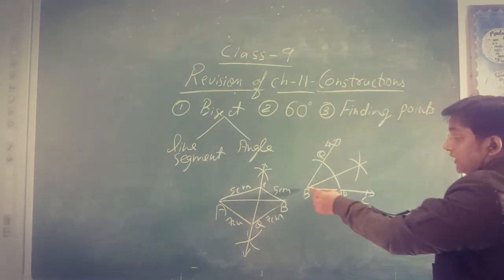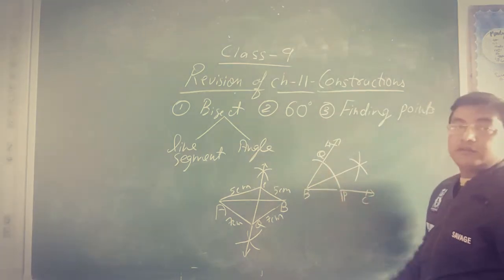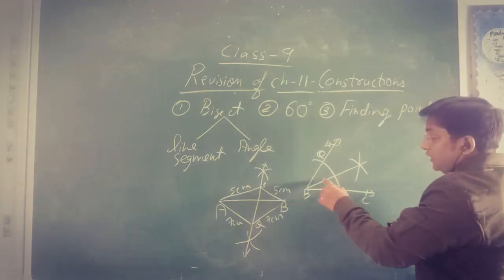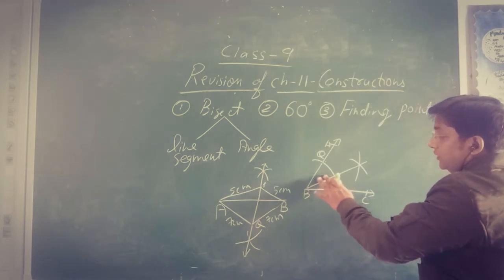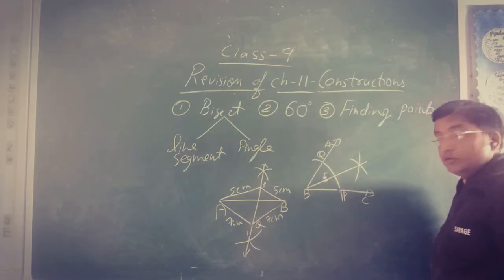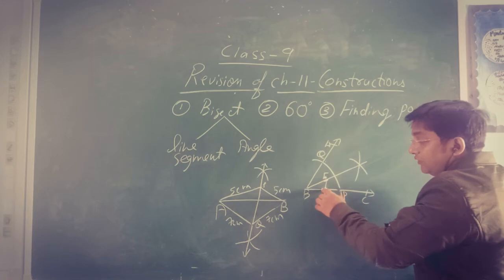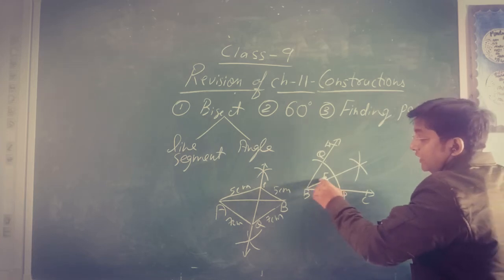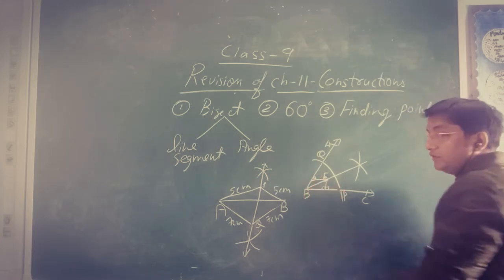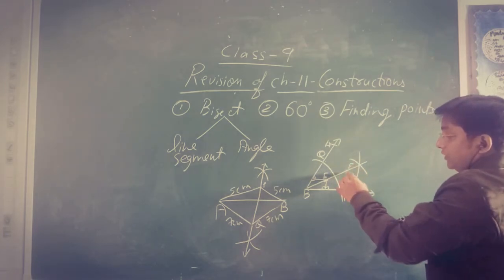And you know, every point on this is equidistant from these lines. Suppose you have taken any point here, let us take E. This E will be equidistant. You have to find the distance, and it should be perpendicular, for finding this and this. This will be the same. You can take it from anywhere. Let us take F here.